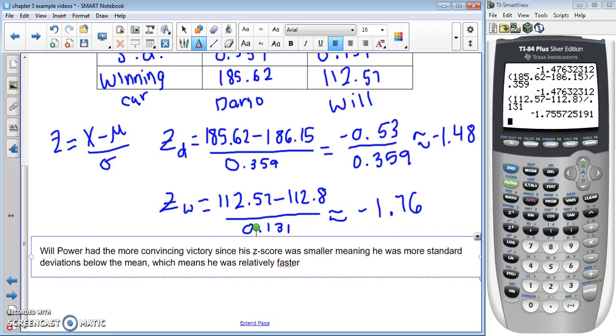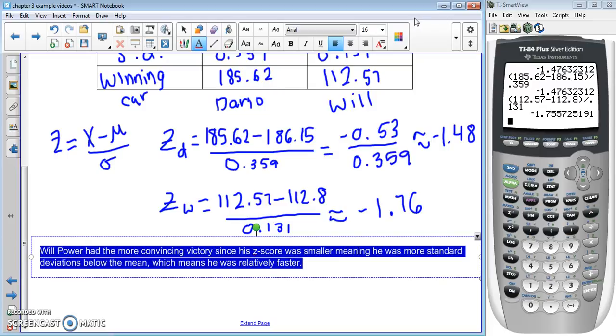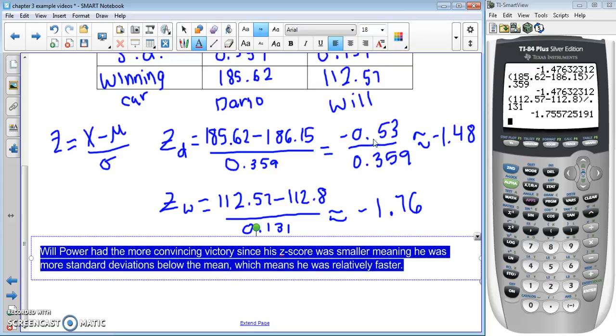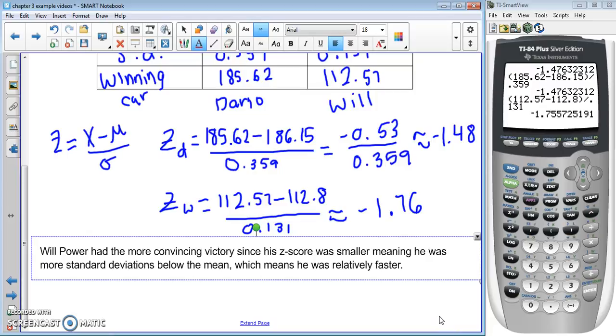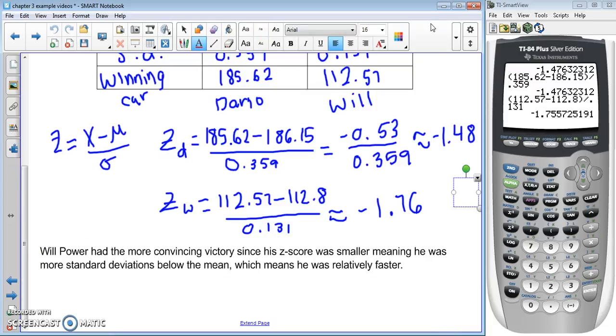So you want to keep that in mind there. Sometimes your problems are going to ask for more convincing victory, or if somebody weighed more or less, so you want to pay really close attention to the problems, and if you're doing similar exercises, it may switch on you from problem to problem.